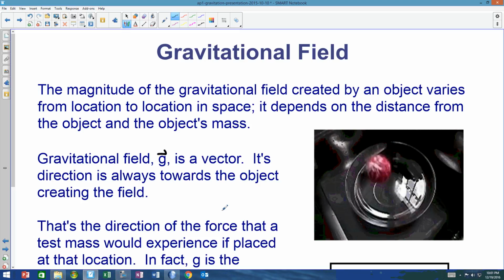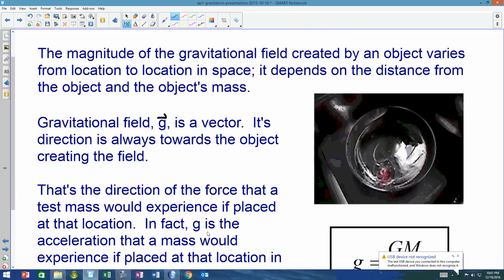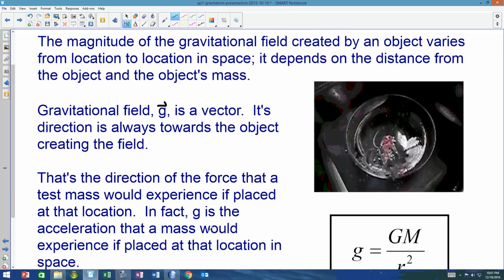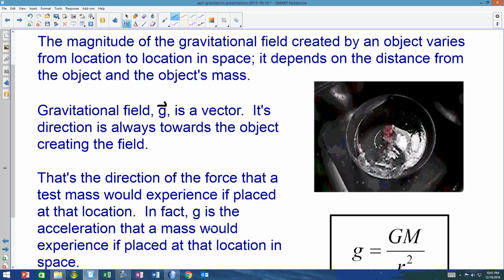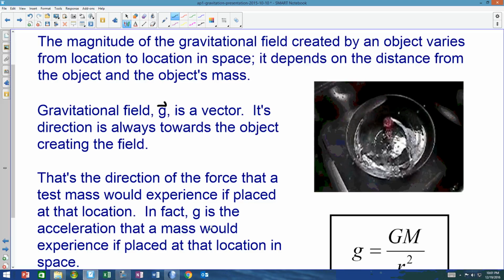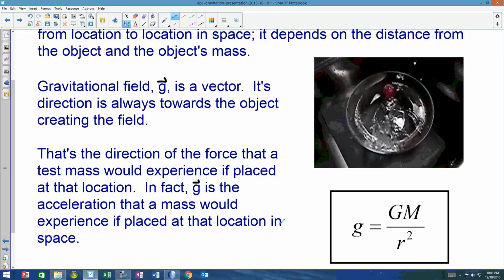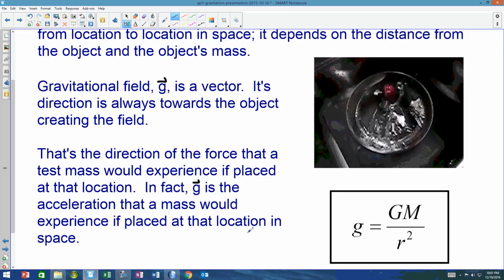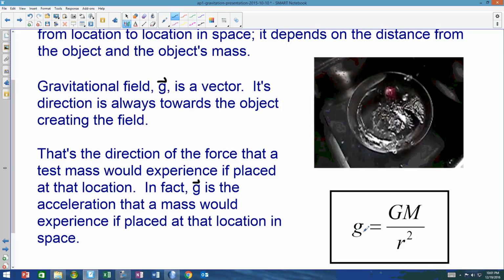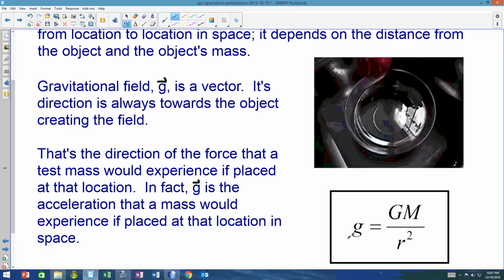Its direction is always toward the object that creates the field. That's the direction of the force that a test mass would experience if it's placed at that location. In fact, g is the acceleration that a mass would experience if placed in that location. So here we're looking at the magnitude because there's no direction here.